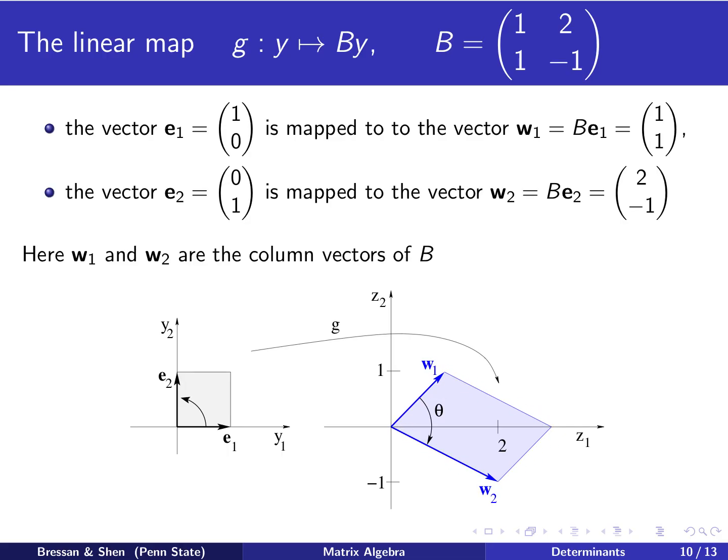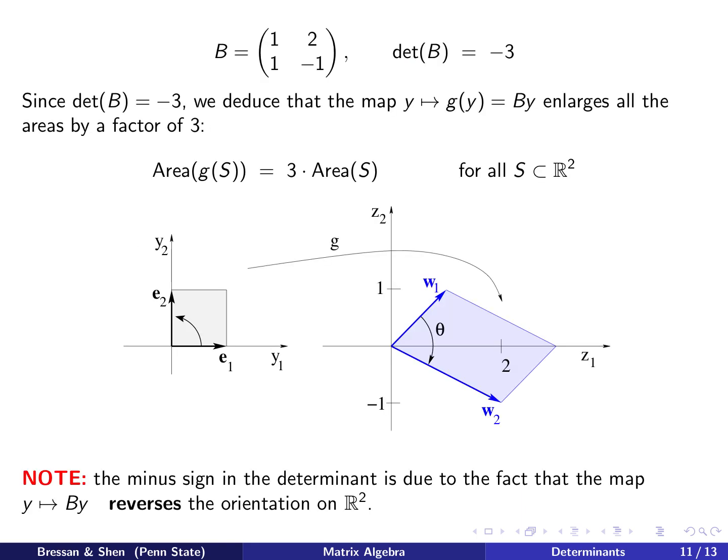So here you see that the orientation is being flipped. From E1 to E2 is counterclockwise, but from W1 to W2 is clockwise. Okay, so we can take this B matrix and compute the determinant, and we found out it's negative 3. Taking the absolute value of that, you get 3.